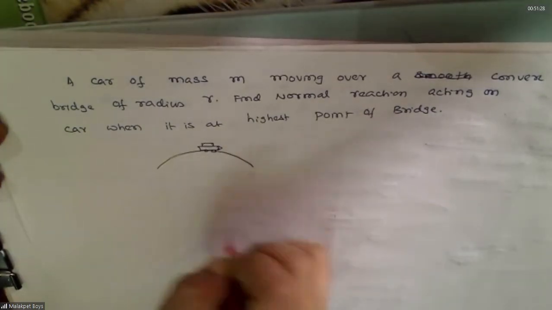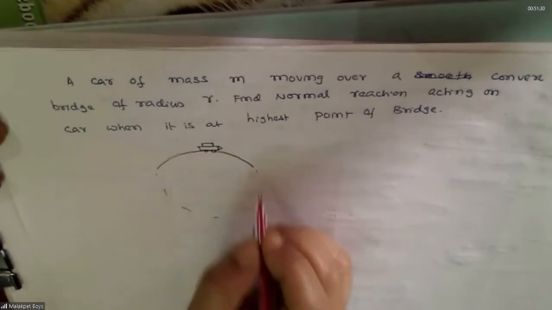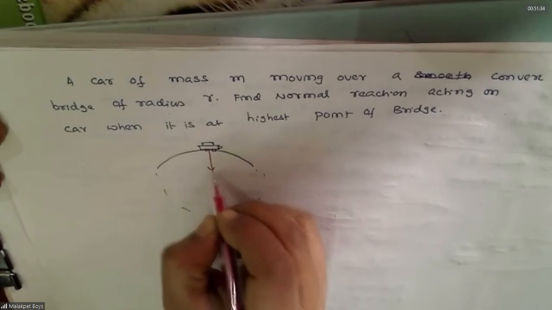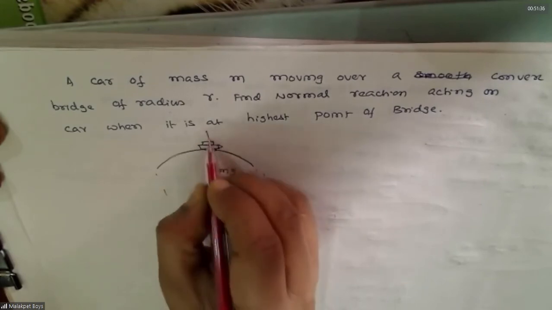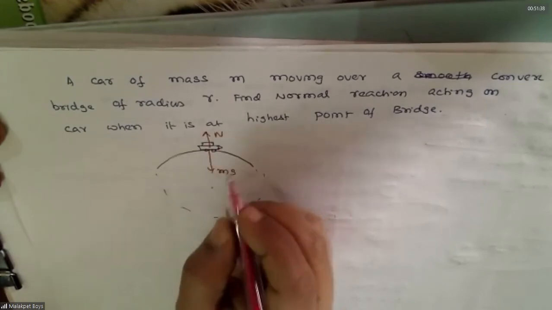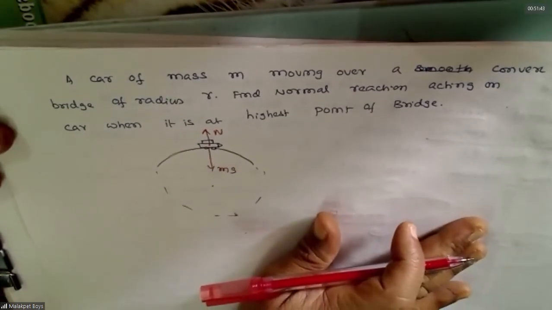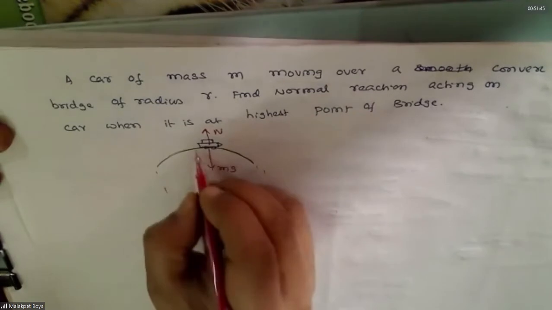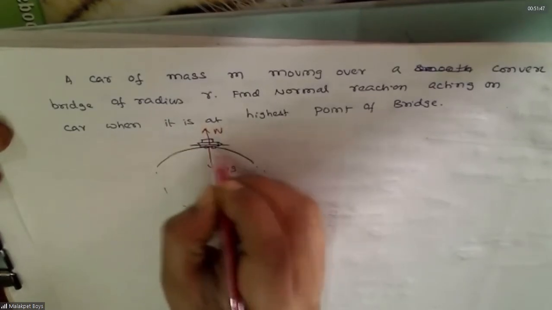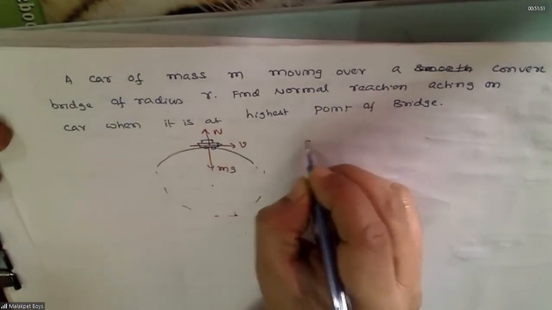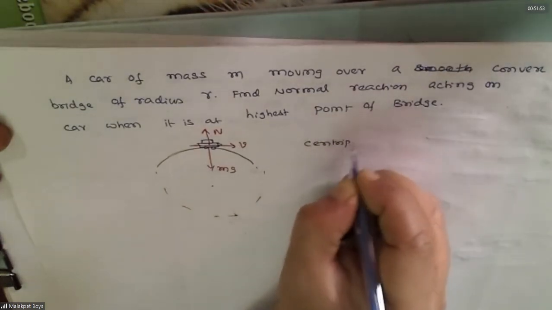If you complete this circle, the center will be on this side. So this is mg and the normal reaction. Agreed? Agreed, sir. So this is the tangential speed. Now what is the centripetal force? mv square by r.